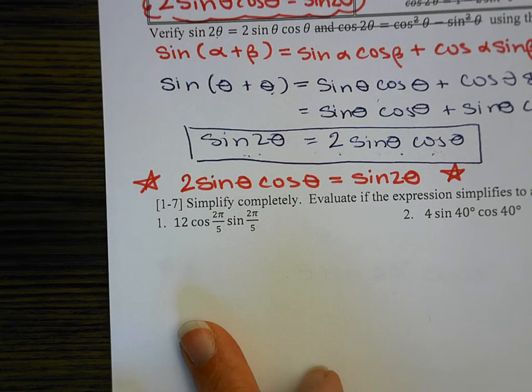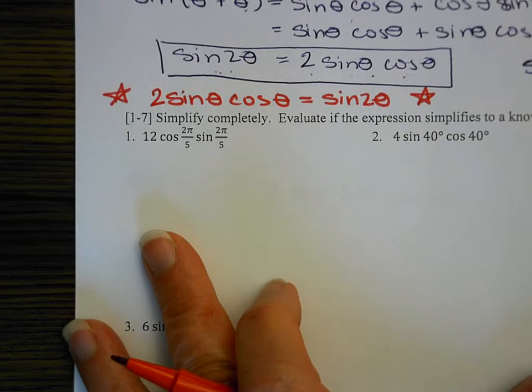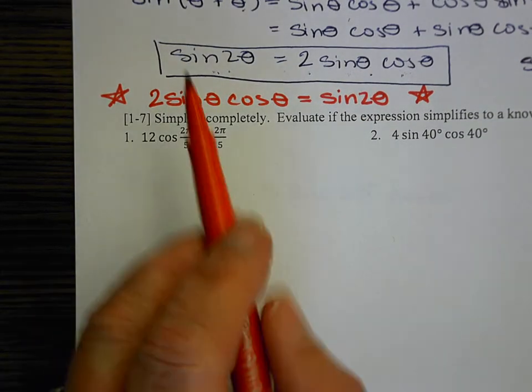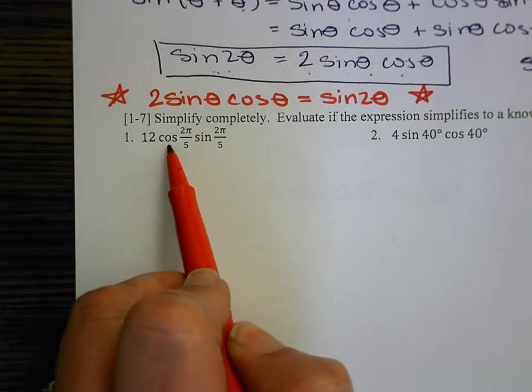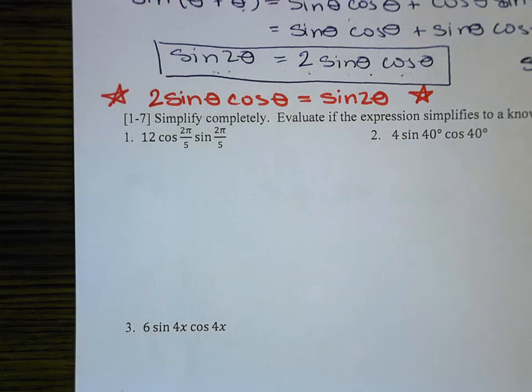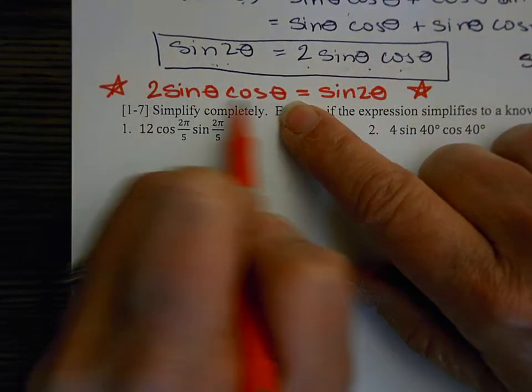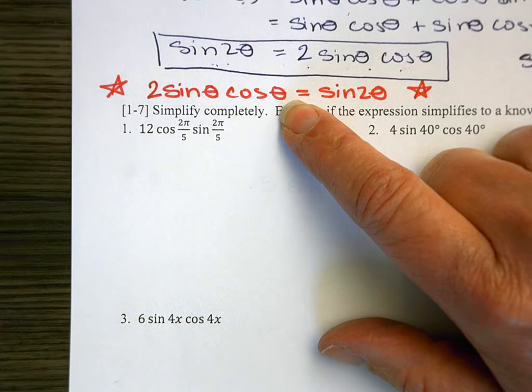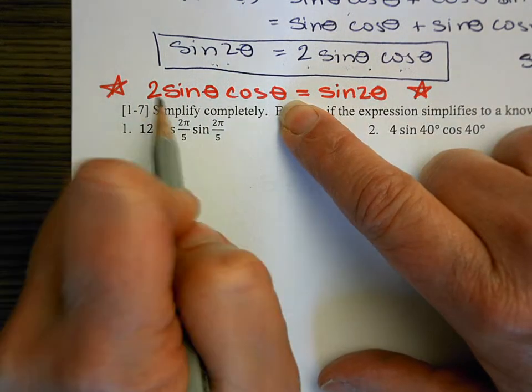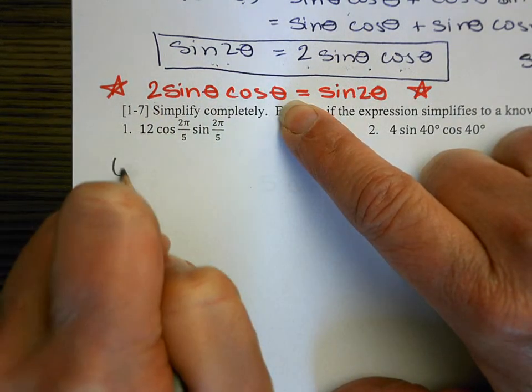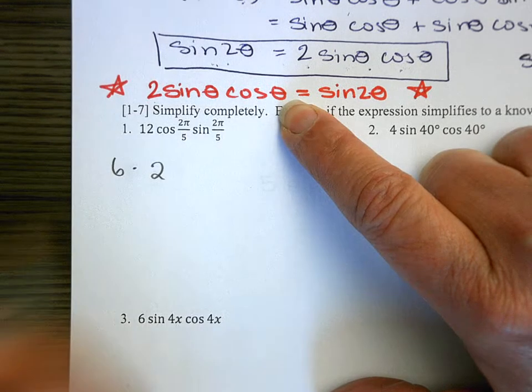All right, so how do I recognize that that's what I want to do? For question number 1, I have a product of sine and cosine, but I don't have that coefficient of 2, so I want to fix that, because I want it to look as much like this as possible. Instead of the 12, I want a 2, so I'm going to rewrite that as 6 times 2, because 6 times 2 is 12.